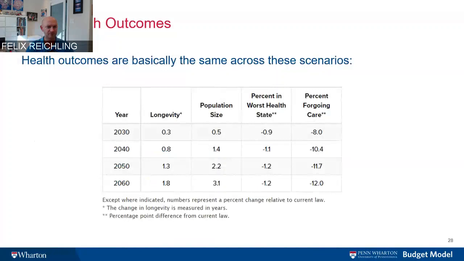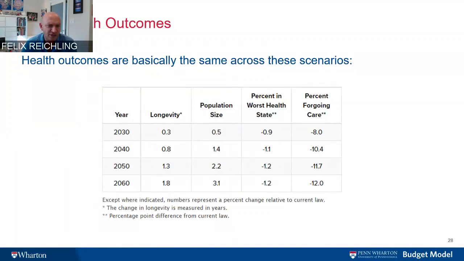So the health outcomes across all of these scenarios are basically the same. Longevity increases, and this is measured in years. So by 2060, people born then have roughly 1.8 years higher life expectancy than under current law, which would also increase the population size by roughly 3% by 2060.